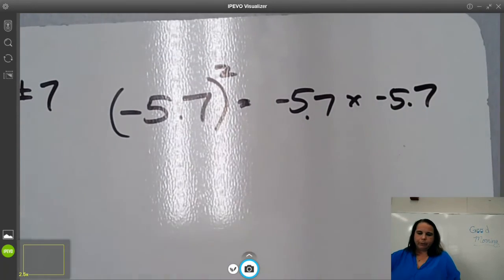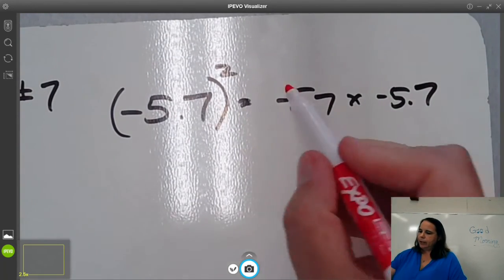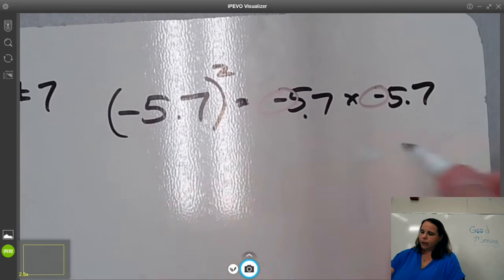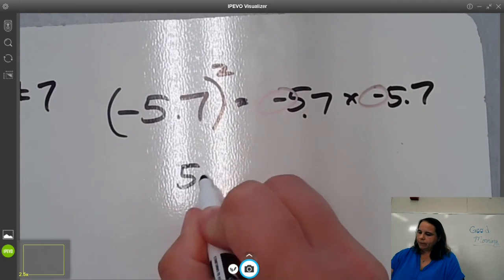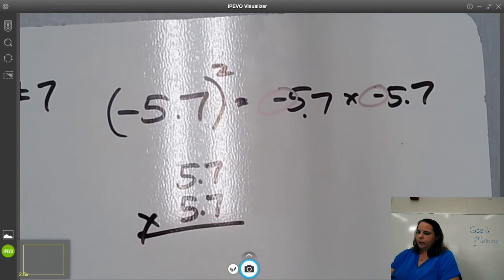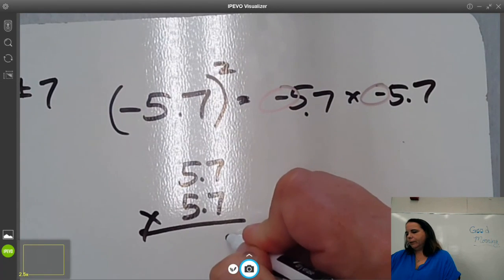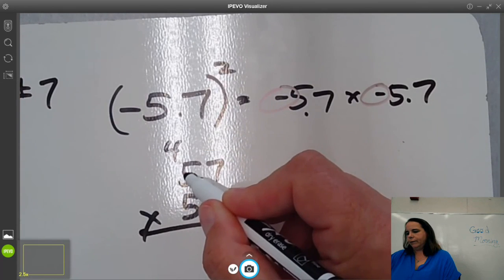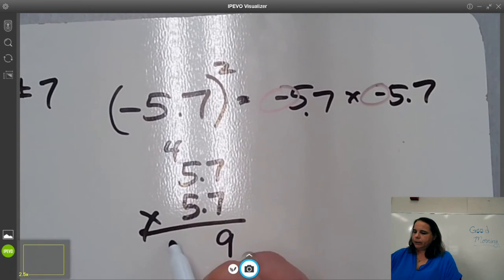First of all, make sure we remember, a negative times a negative is a positive. Yay, good job, you remembered. So our answer is going to be positive, and now we just need to take 5.7 times 5.7. 7 times 7 is 49, and 7 times 5 is 35, plus 4 is 39.